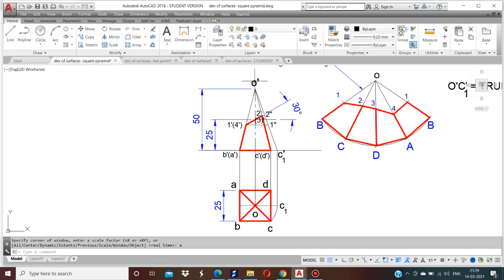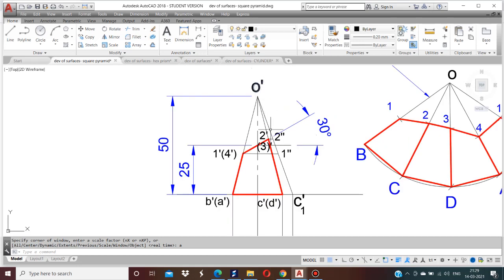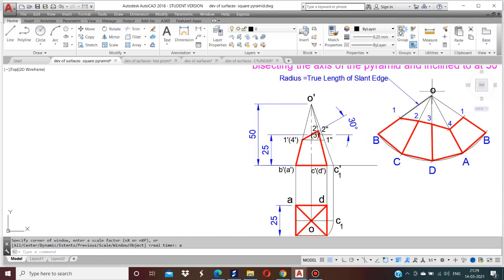Using the compass, with O dash 1 dash 1 double dash as radius and O as center, cut an arc on the OB line at 1, because OB is the first number, 1. Similarly, 1 and 4 are the same line only. Therefore, cut an arc on OA at 4.